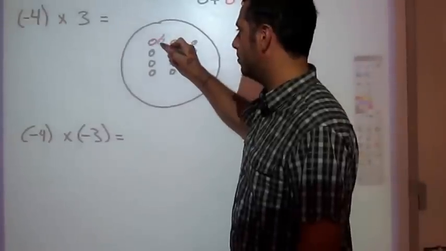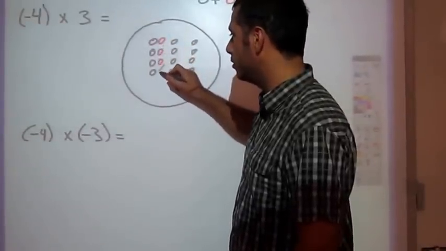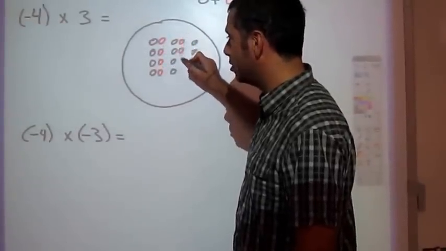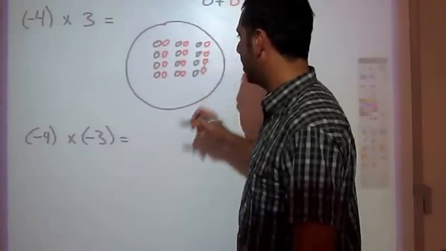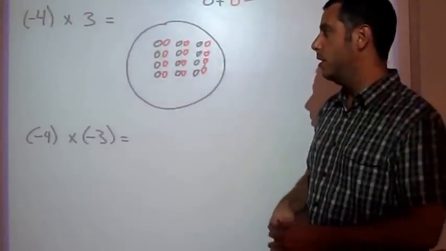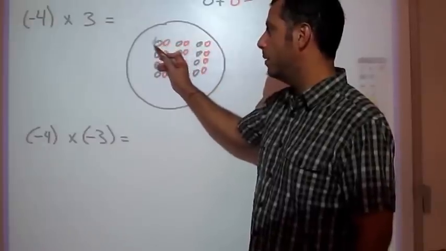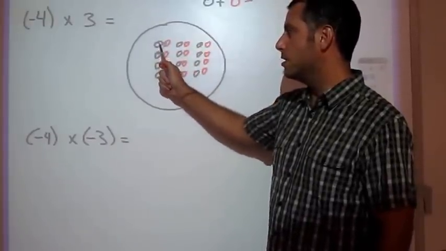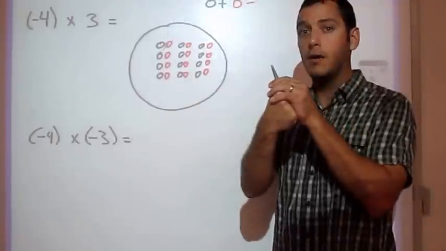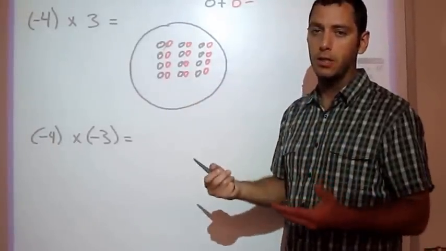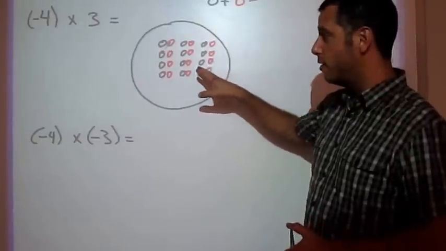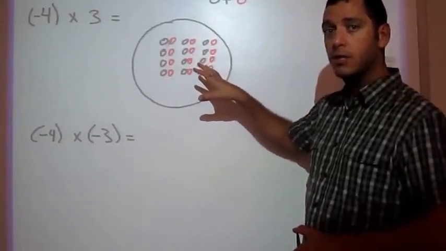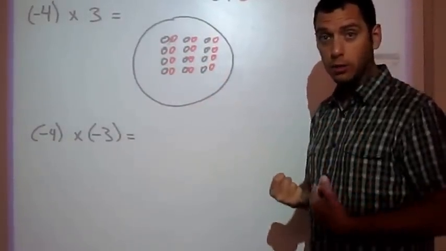Now, a 0 pair is simply a pair of integers that cancel each other out. When you add them together, they add up to equal 0. So this, for example, right here would be 1 0 pair. We have one positive and one negative integer. Together they make 0, so they're called a 0 pair. So I've added enough of those into the bank so that I can now make my withdrawal.